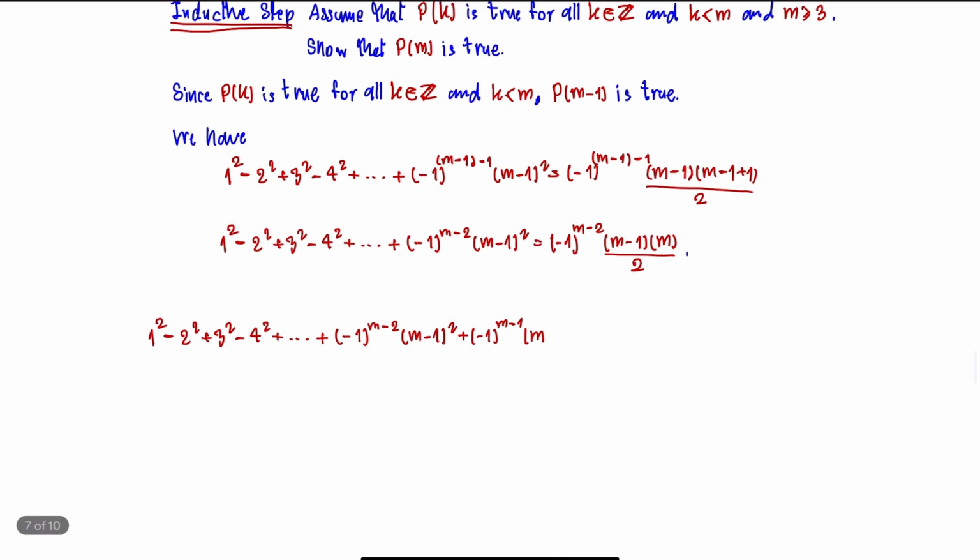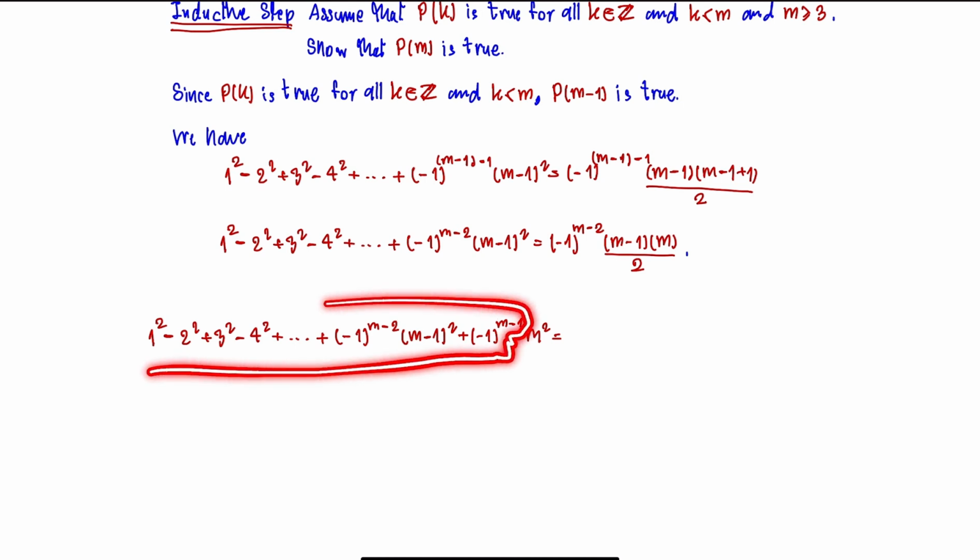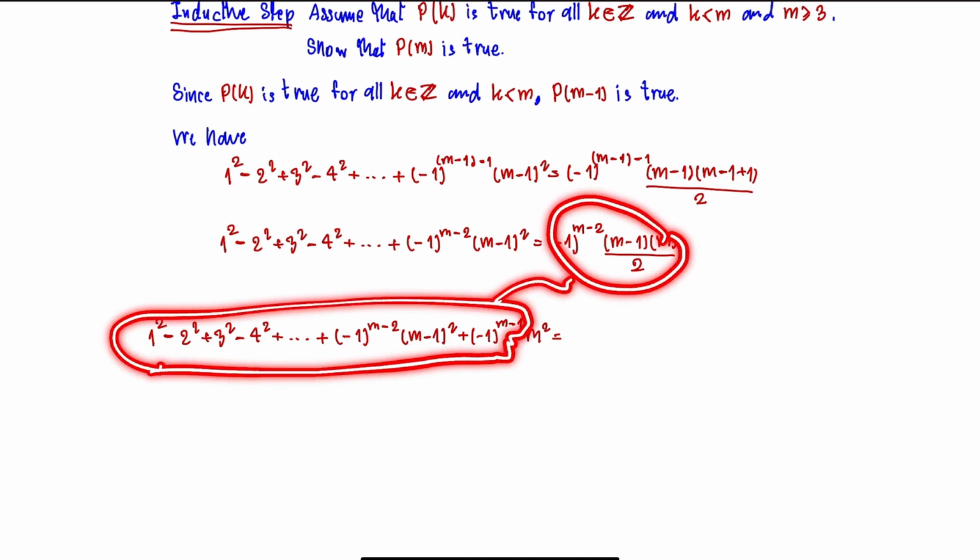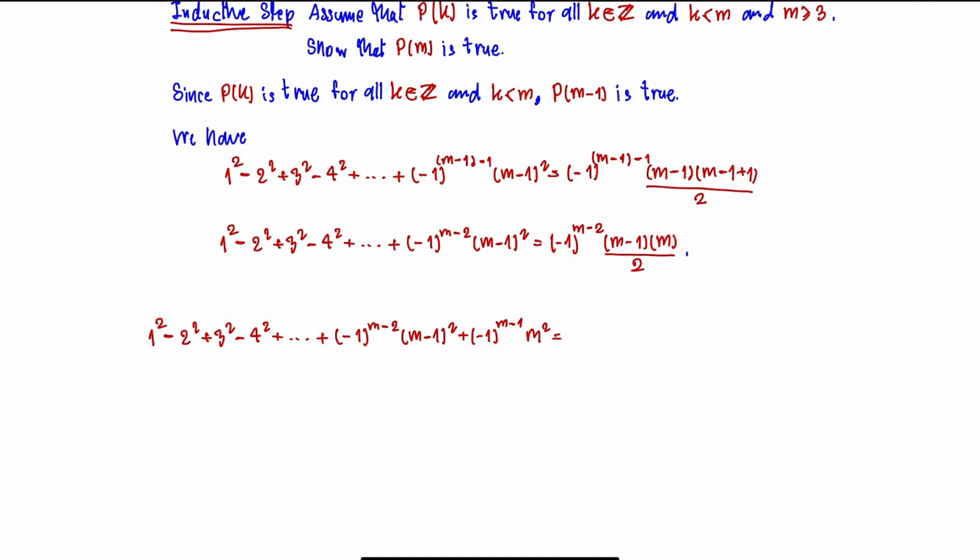And the first M minus 1 terms are this one here. So we're going to have minus 1 raised to the M minus 2 times M minus 1 times M over 2, plus minus 1 raised to the M minus 1 times M squared.